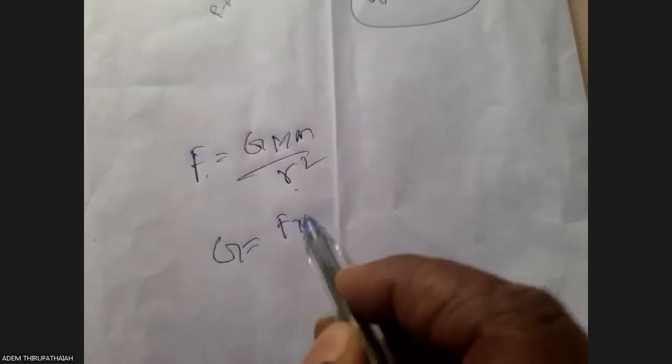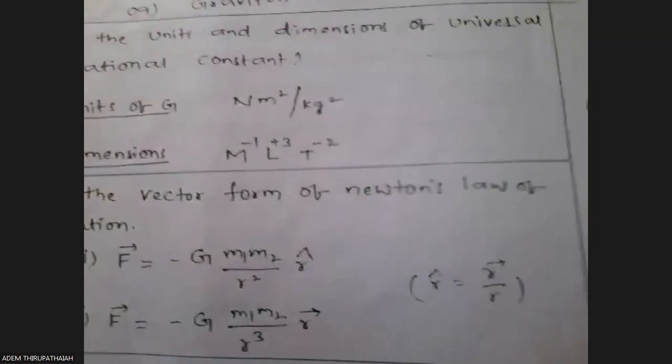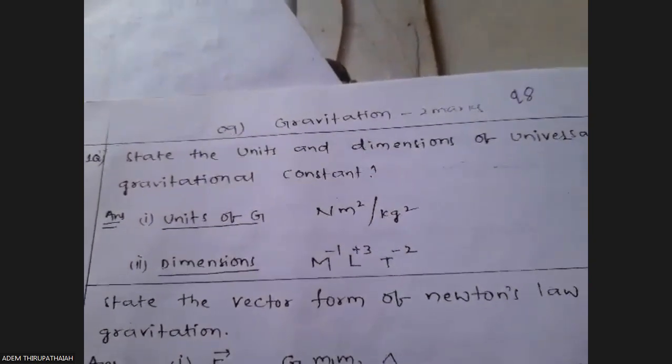Cross multiplication: G is equal to F R square by M1 M2. The units: F is in newtons, R is in meters square, and M is mass in kg square. So the unit is newton meter square by kg square. The dimensional formula is M power minus 1 L cube T power minus 2.